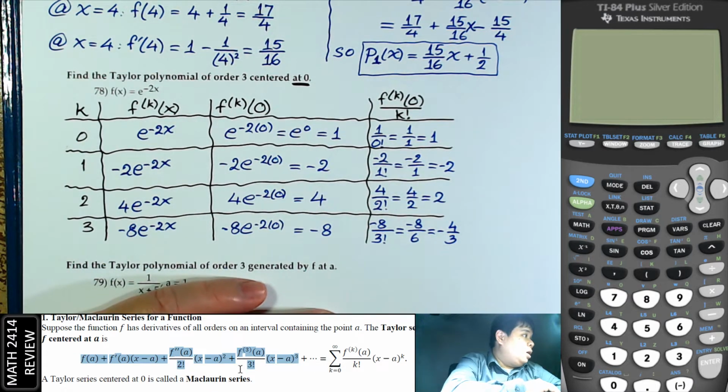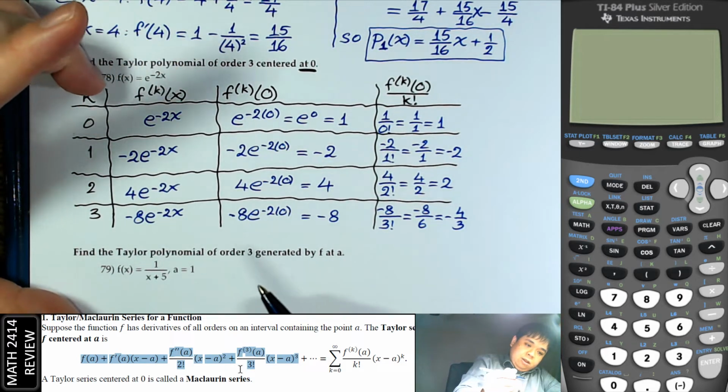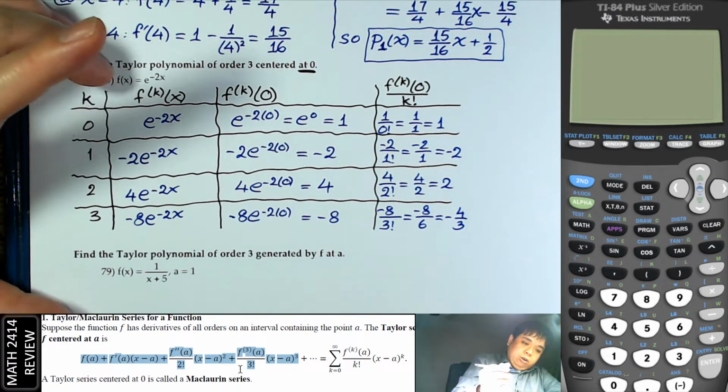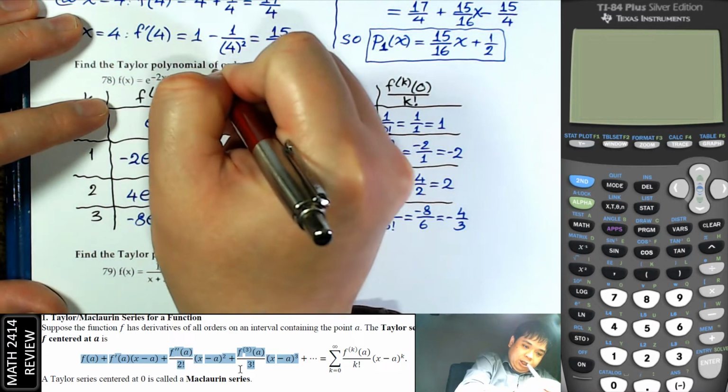Right. So this is what we have. This is the Taylor polynomial of order 3.